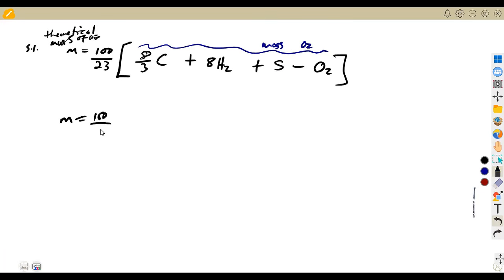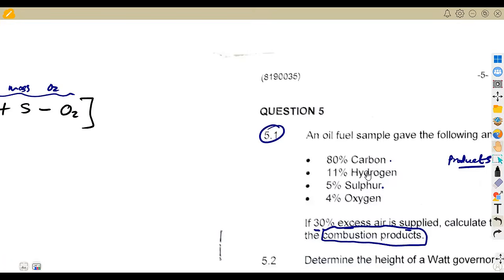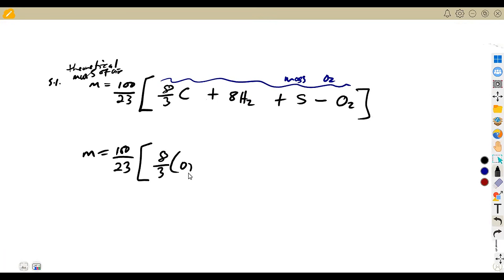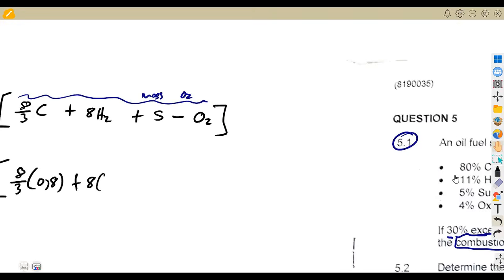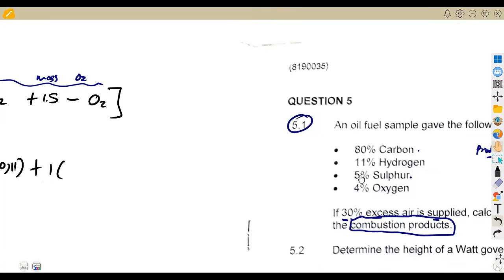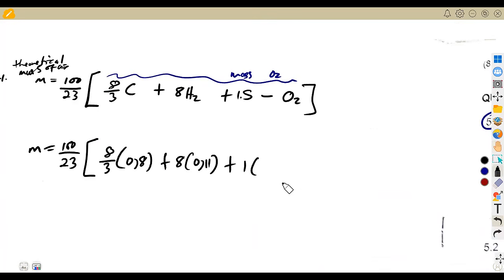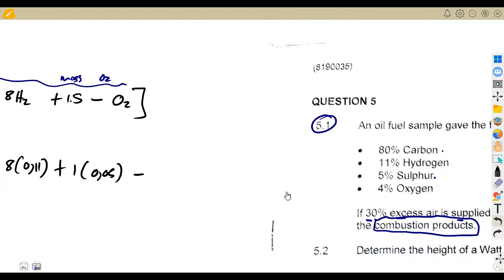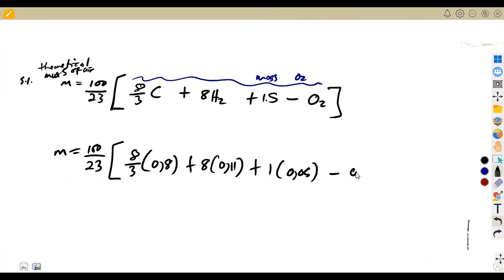It's 100 over 23, then 8 over 3 times the percentage of carbon, which is 80%, so 0.8, plus 8 times the percentage of hydrogen, 11%, which is 0.11, plus 1 kg of oxygen for sulfur times the percentage of sulfur, 5%, which is 0.05, minus oxygen, which is 4%, so 0.04.